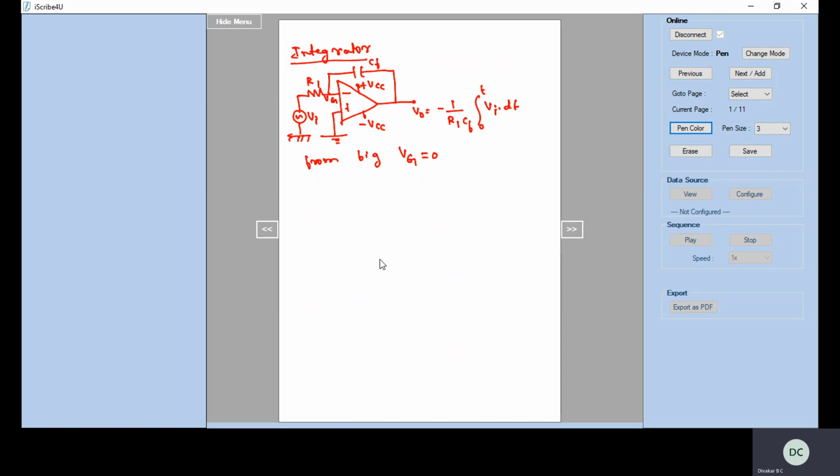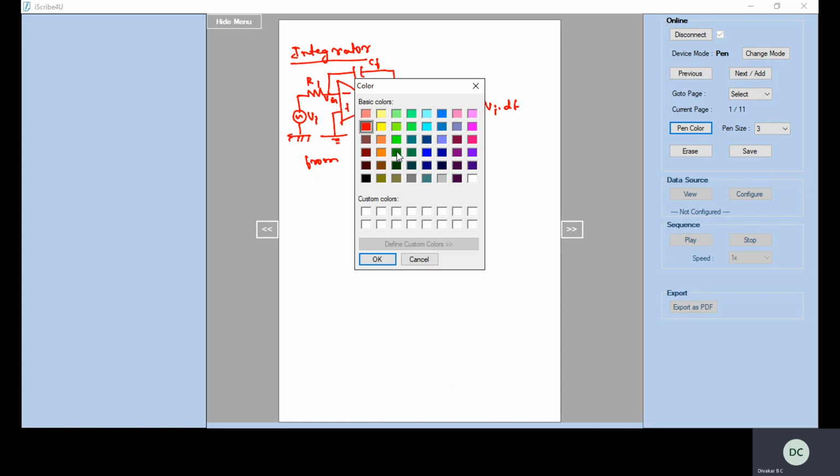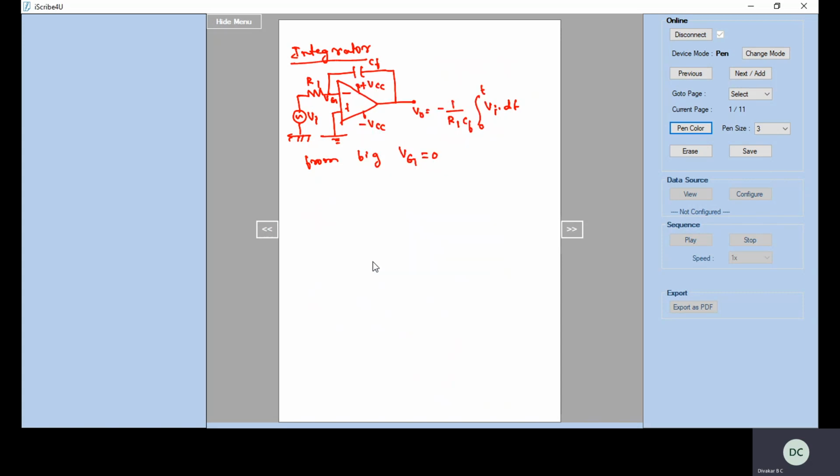Let us take the current entering at R1 as I1. So this is I1 and this is I2. So I1 is equal to I2. So how do we find out the potential drop? If you take the resistor, if this is V1 and this is V2, how do we find out the current I?